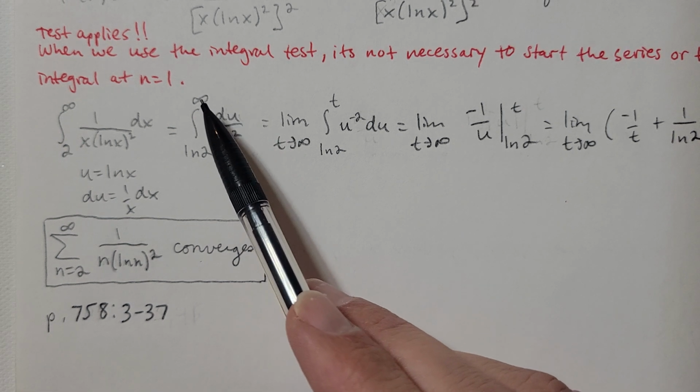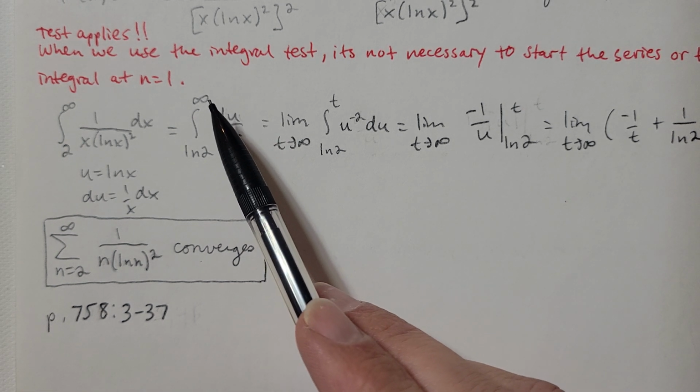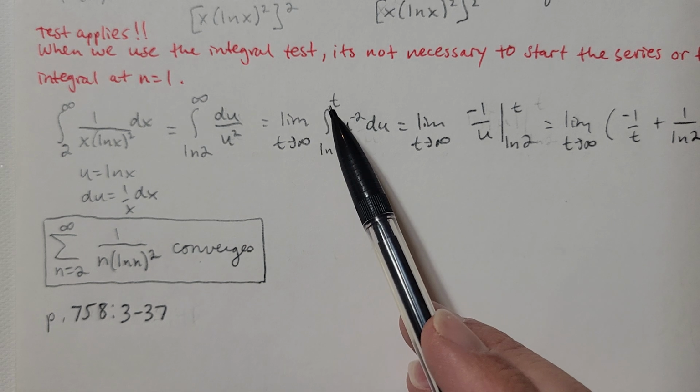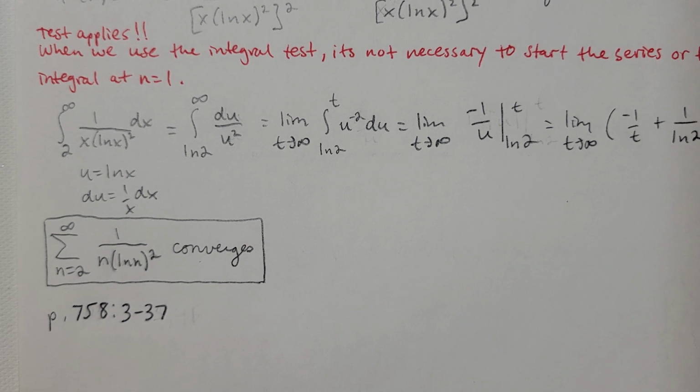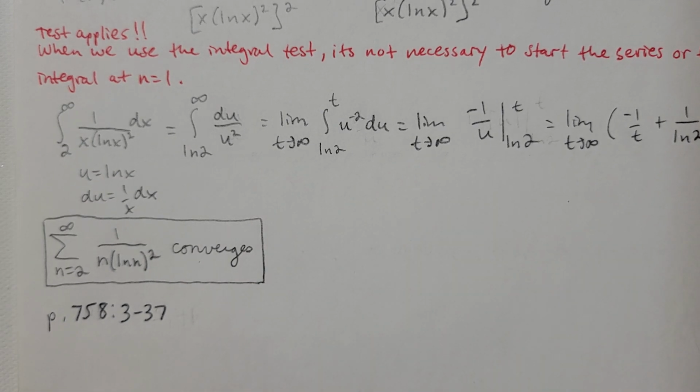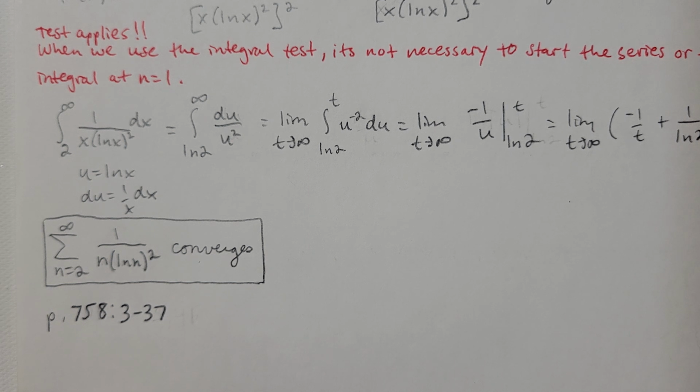I guess you could have the ln of t up top. That'd be fine. But I'm just going to have t up top. Okay, because if t is growing without a bound, then the ln of t is also going to be growing without a bound. So you have the limit as t approaches infinity of the integral going from the ln of 2 to t of u to the negative second power du.